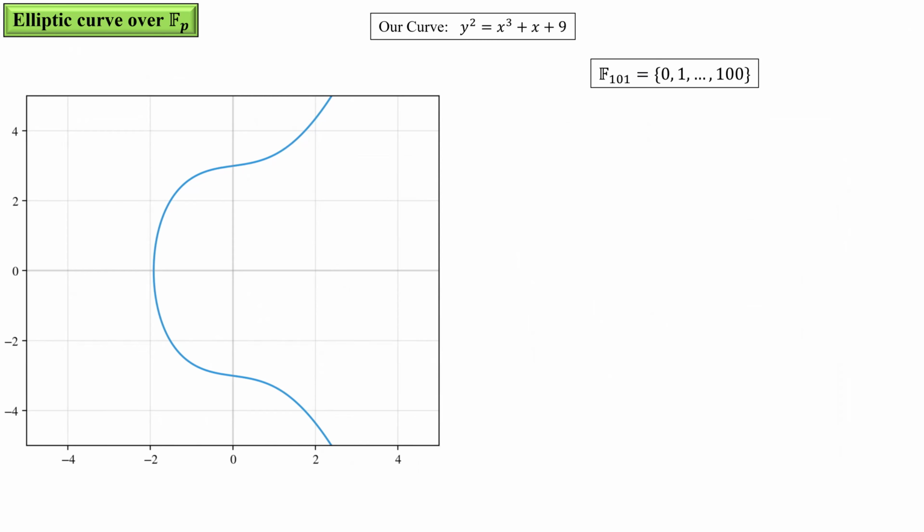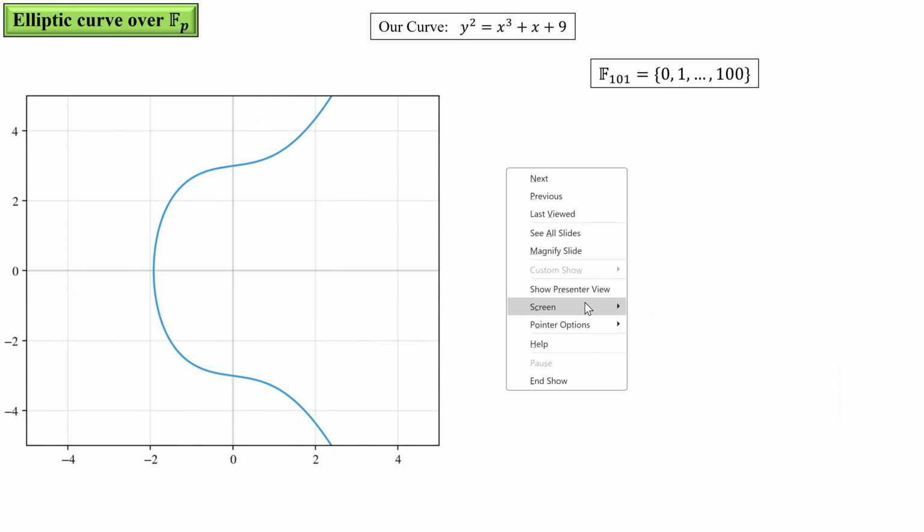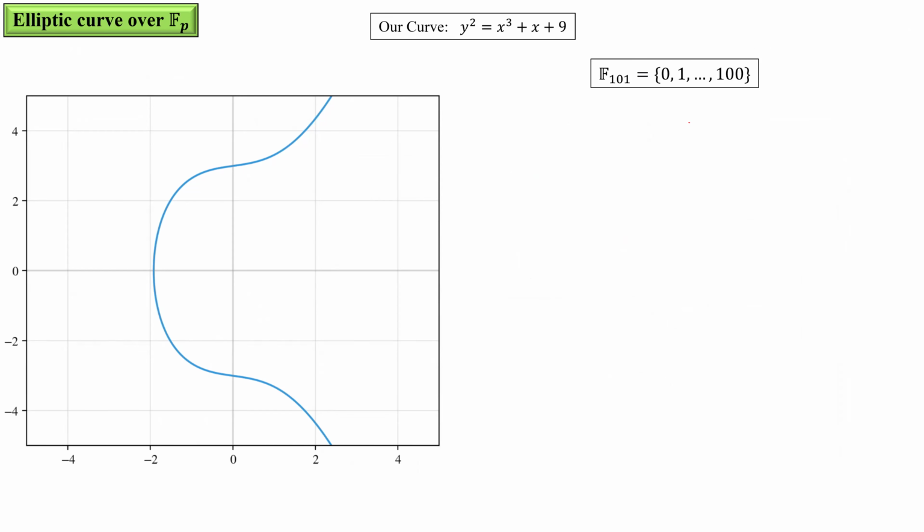You remember in the previous lecture we discussed F sub 101, which is a set starting from 0 until 100. Now we want to see the meaning of an elliptic curve over such a field.